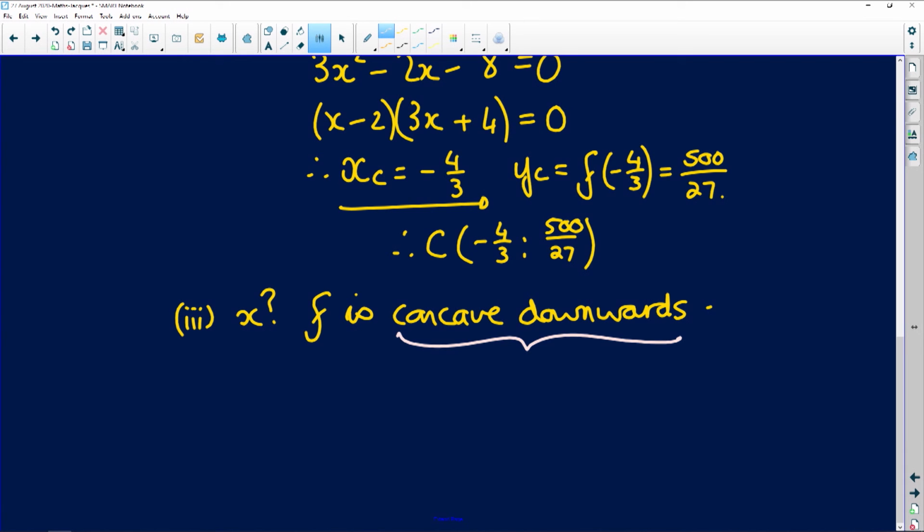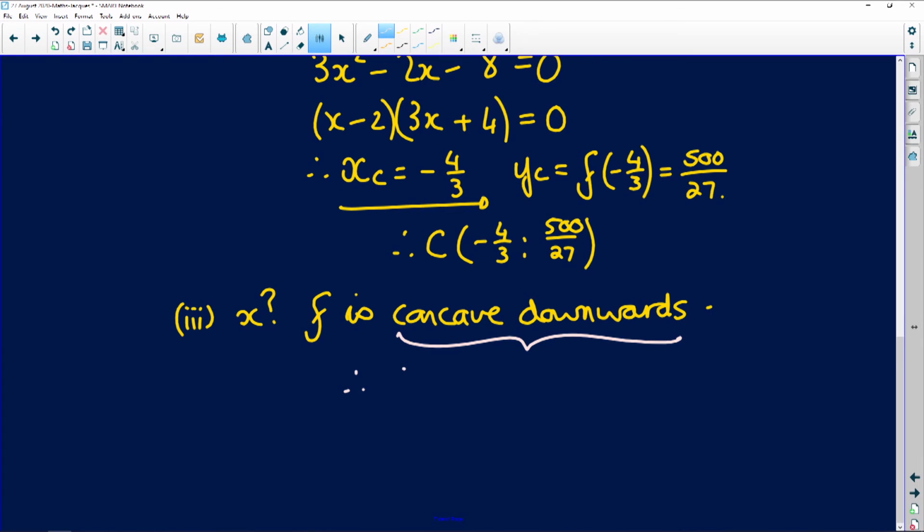If something is concave downwards, its second derivative is negative. N for negative, n for downwards. That's how I remember it. Upwards, p for up, p for positive. Okay, it's a good way to remember that.